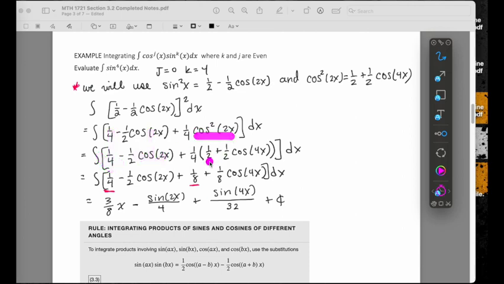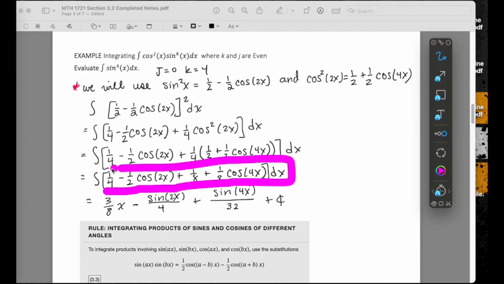So this is replaced with this. Now I'm going to clean this up again. Everything just gets carried down here. When I expand and multiply through by the 1/4, I get 1/8 plus 1/8 cosine 4x. And now I can find the integral of this a little bit easier.